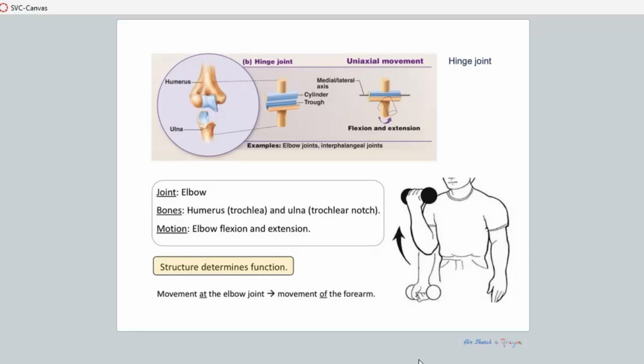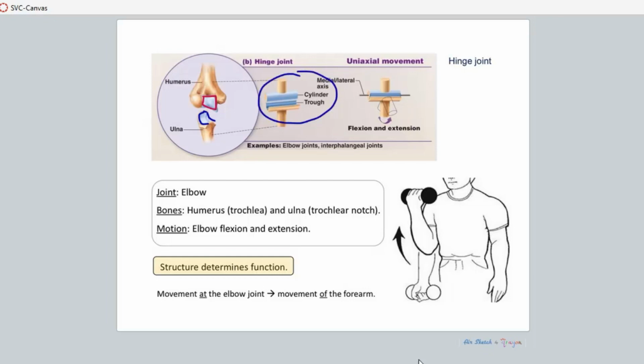Then we have the elbow joint, which is what we call a hinge joint. It has a cylinder that fits in a trough. At the elbow joint, the cylinder is the trochlea, and it fits in the trochlear notch, like so.